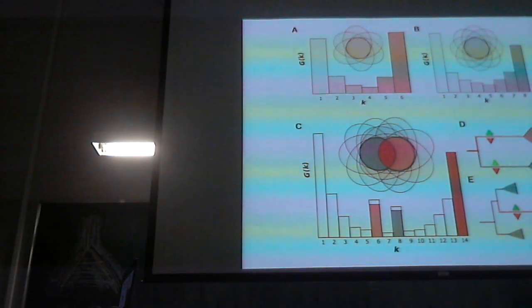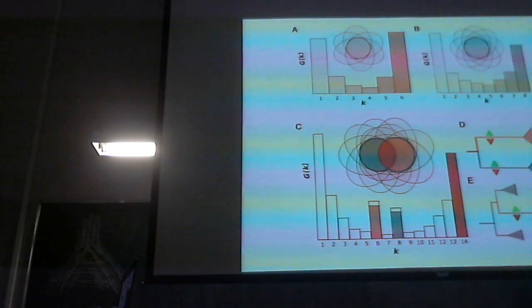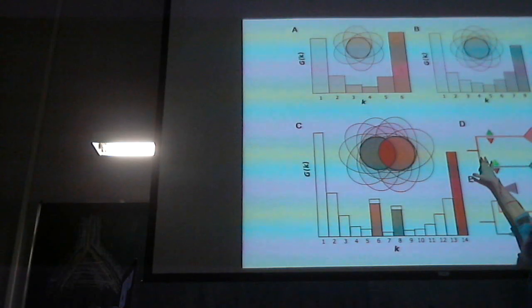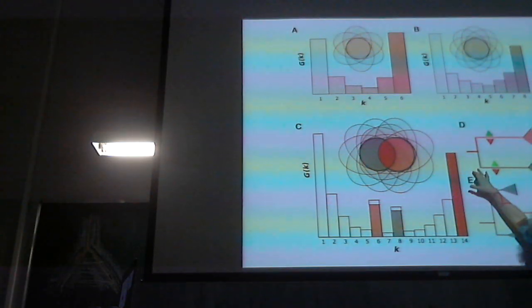The problem is that there are two possible scenarios yielding this type of behavior. One is nice and beautiful, like here. Ancestral species divided into two.